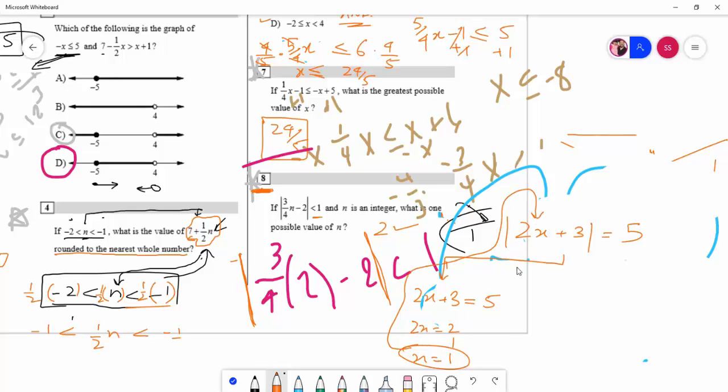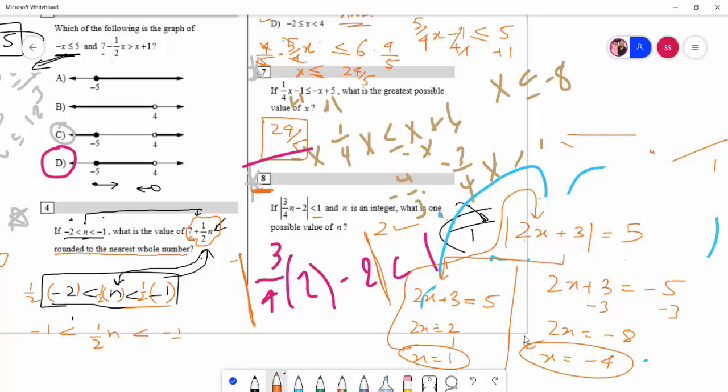But there will be one more answer, which is 2x plus 3 equals negative 5. Subtracting 3 from both sides, you get 2x equals negative 8. Dividing by 2, you get x equals negative 4.